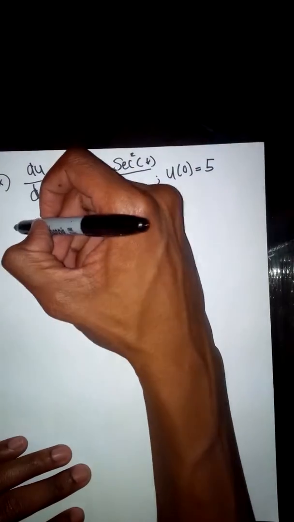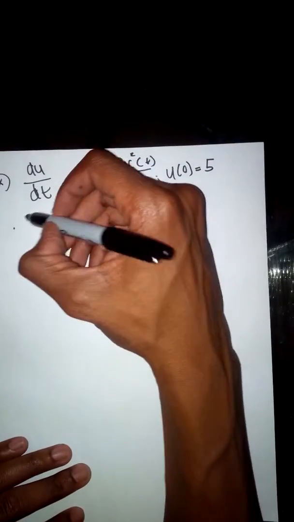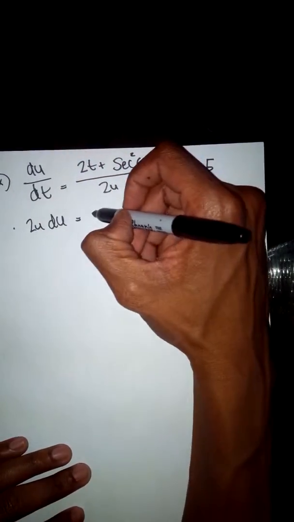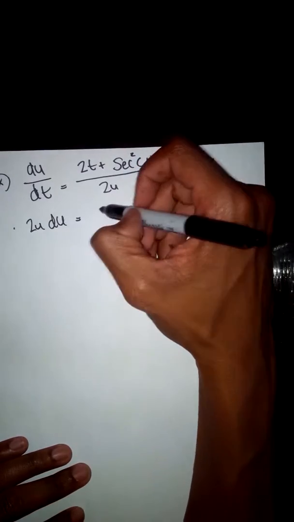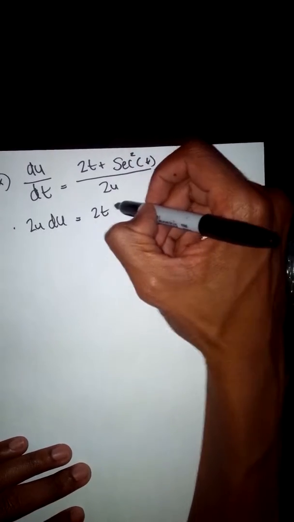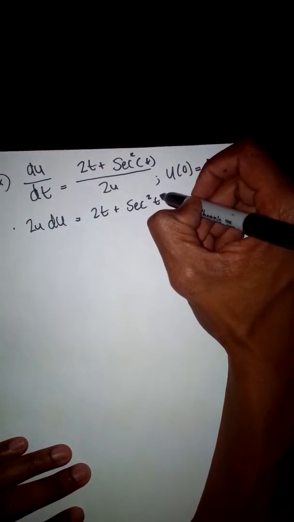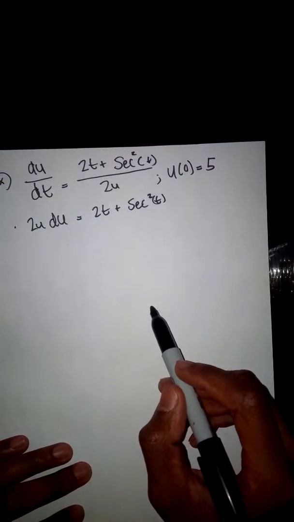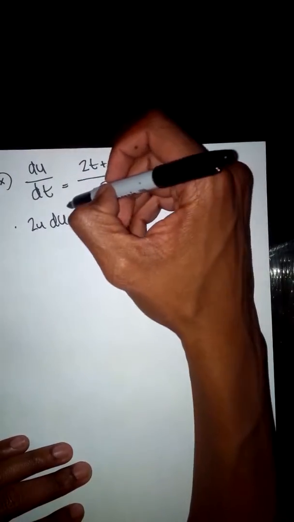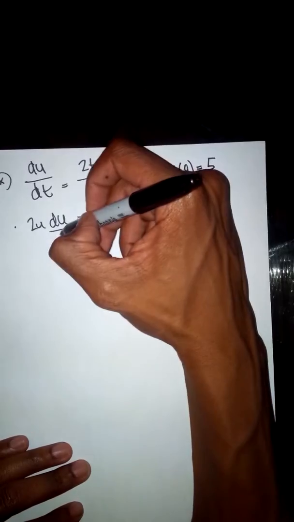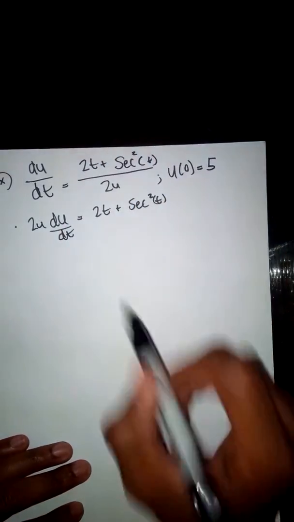So multiplying both sides by 2u, I'm going to get 2u du is equal to 2t plus secant squared t, right? Oops, almost forgot. This is actually du over dt. I jumped ahead a step.